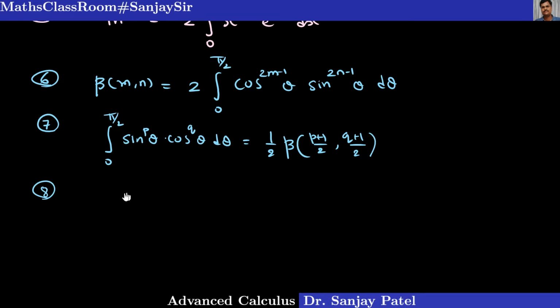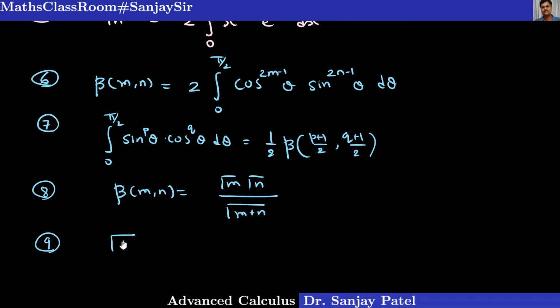Then the next thing is the relation between beta and gamma functions, that is, beta of m comma n is equal to gamma m into gamma n upon gamma of m plus n. Another useful result is the duplication formula, which says gamma of 2n is equal to 2 raised to 2n minus 1 upon root pi into gamma n into gamma n plus 1 by 2.